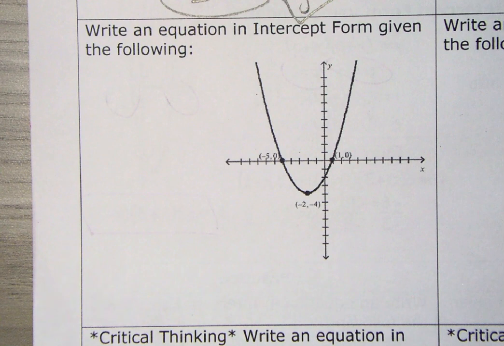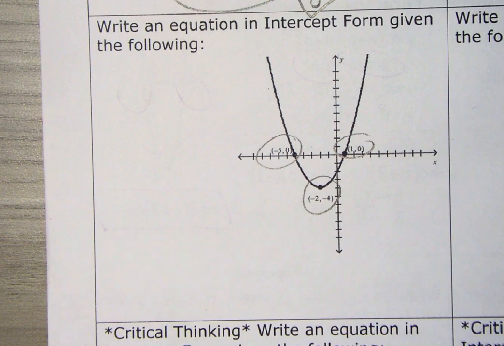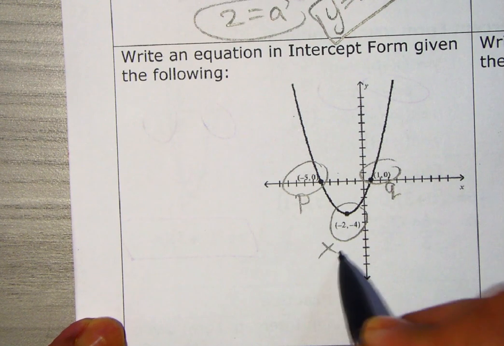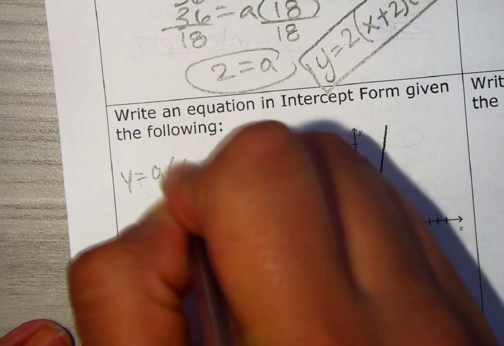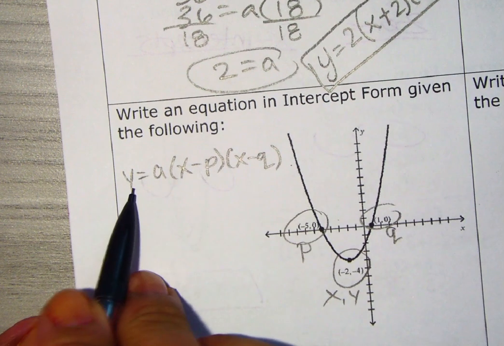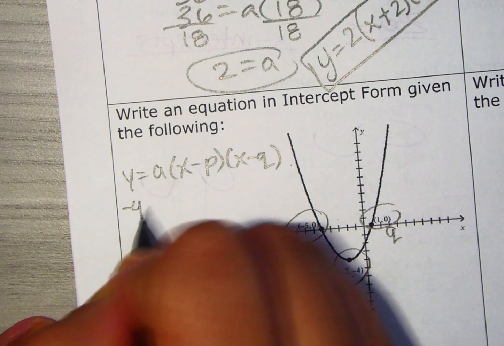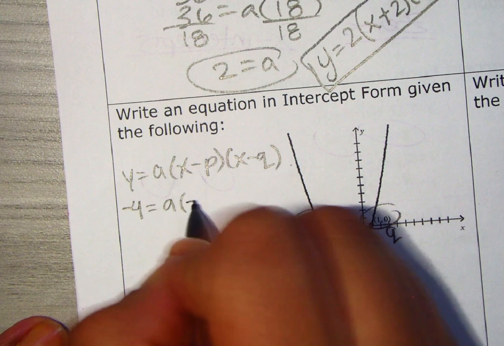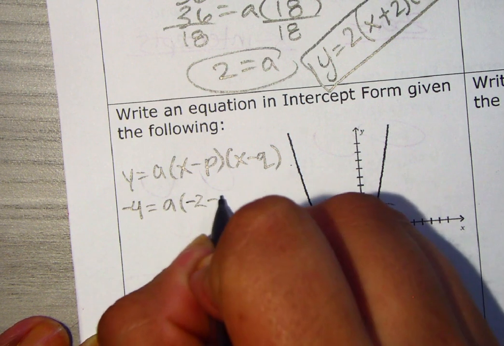Here you have a graph, and you're looking for the intercepts and a point. So that's your P, Q, and your X and Y. So same process, Y equals A, X minus P, X minus Q. Y value is negative 4. X value is negative 2, minus your P, which is negative 5, so minus negative.